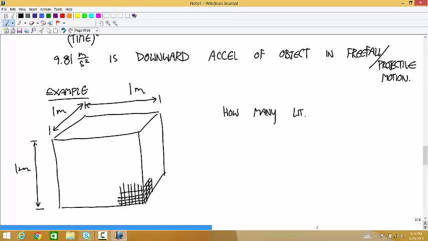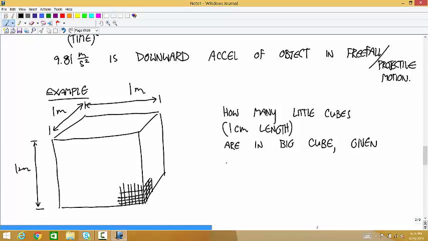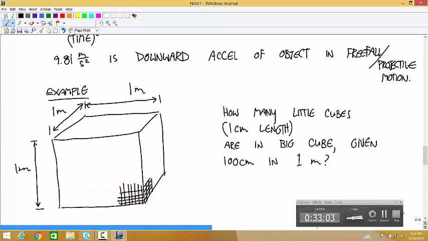How many little cubes, that's 1 centimeter lengths, are in the big cube, given that there are 100 centimeters in 1 meter? Okay, so take a couple minutes and see if you can reason that one out.